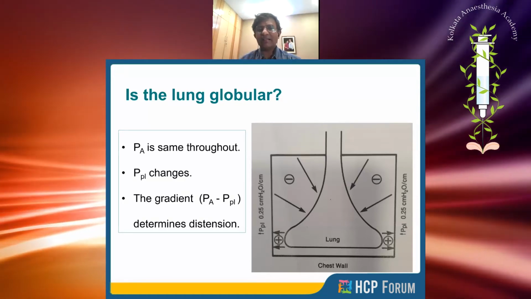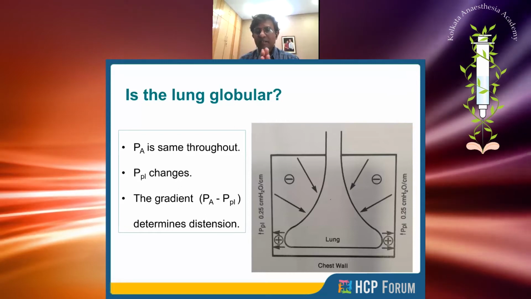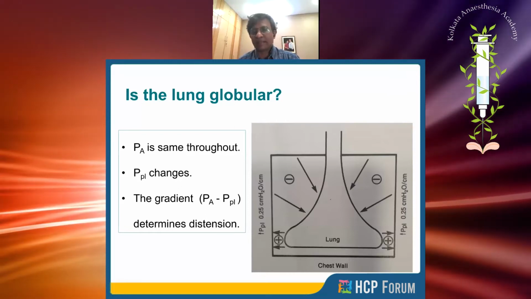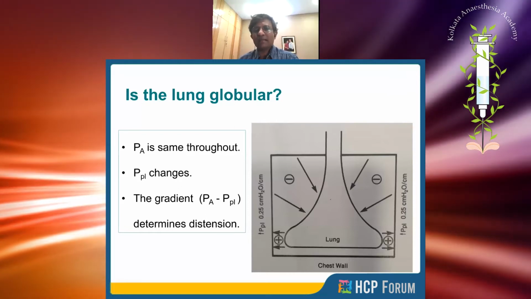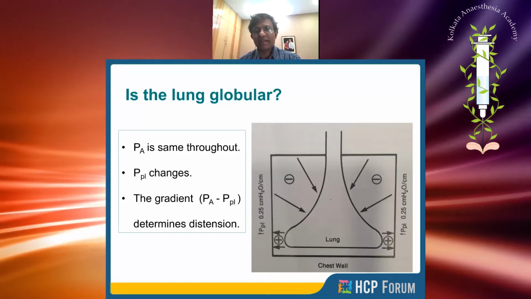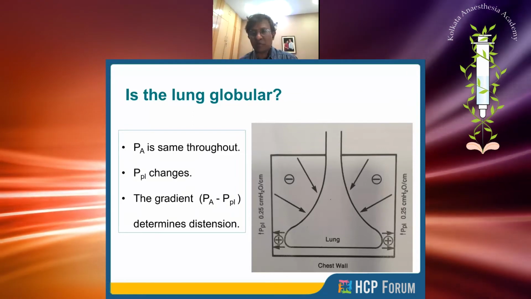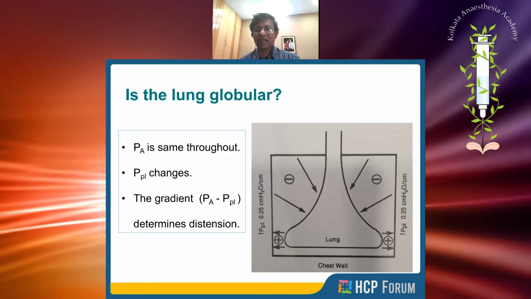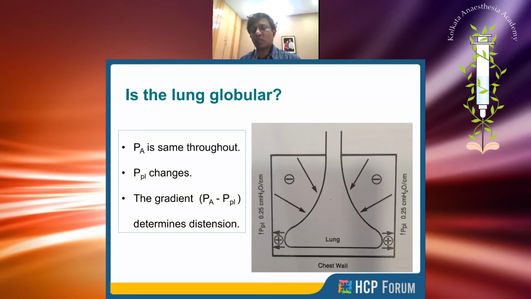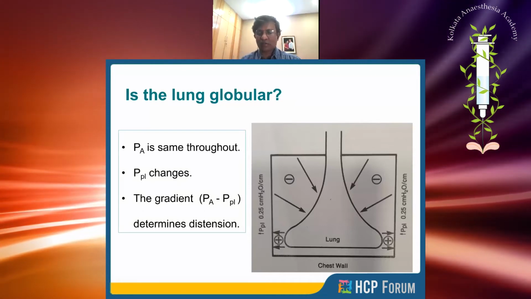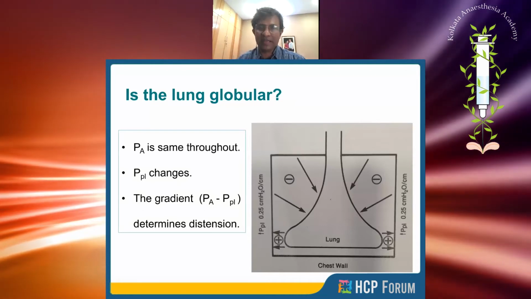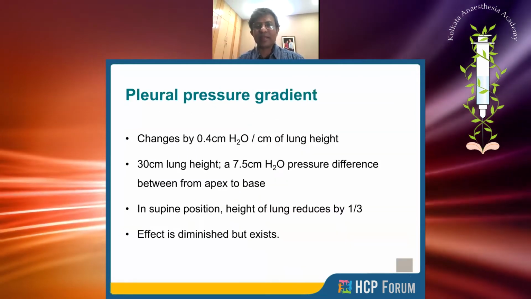The gradient between the pressure in the alveoli minus the pressure in the pleura determines the distension of the alveoli. So this alveolar gradient is what causes the distension, and this is how it is arrived at.